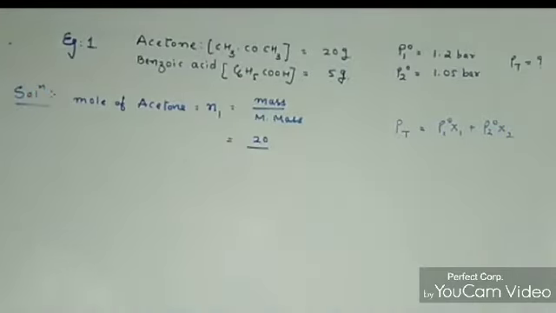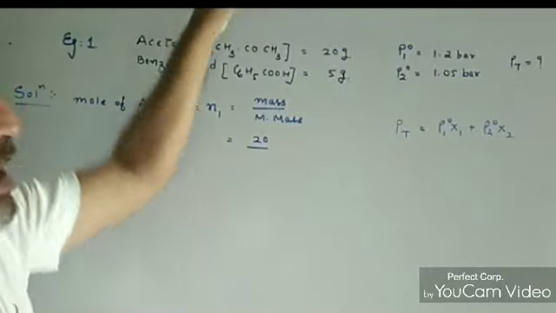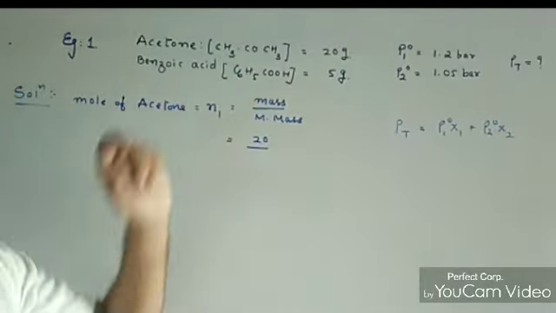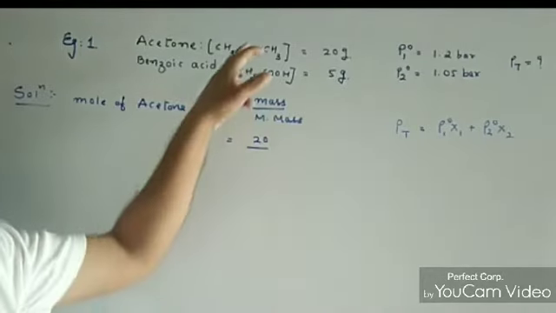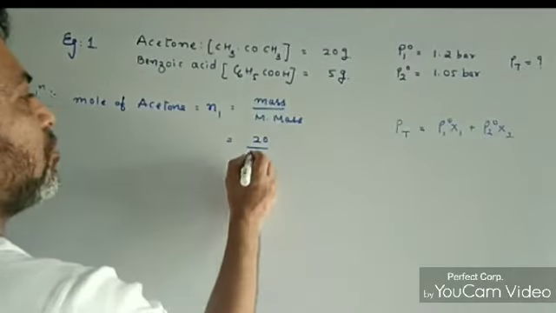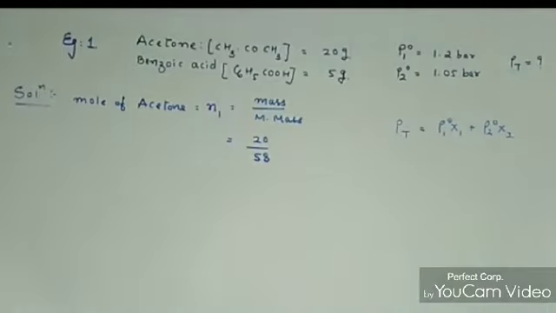Molecular mass of acetone: carbon is 12, and here there are 3 carbons in total, so 12 times 3 is 36. Then 3 times 1 is 3, and 6 hydrogens, so 36 plus 6 is 42. And oxygen is 16, so 42 plus 16 is 58. So the molecular mass of acetone is equal to 58.